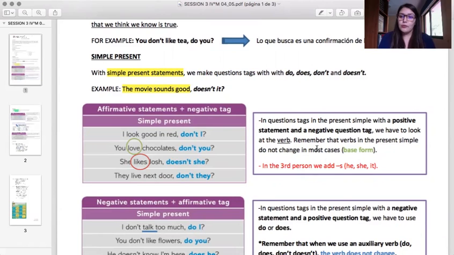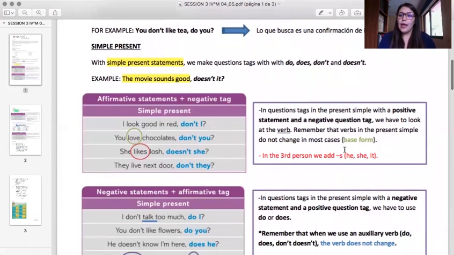We have to remember that in the simple present, the verbs don't change in most cases, but in the third person, we have to add s at the end of the verb. For example, likes. And you have to remember that the third person is he, she, or it.